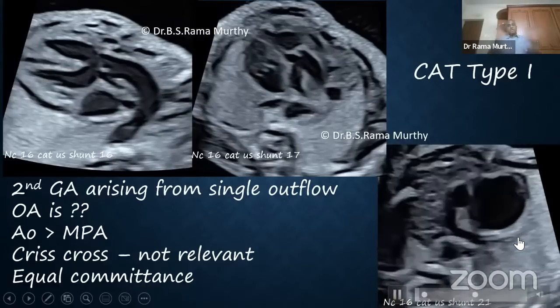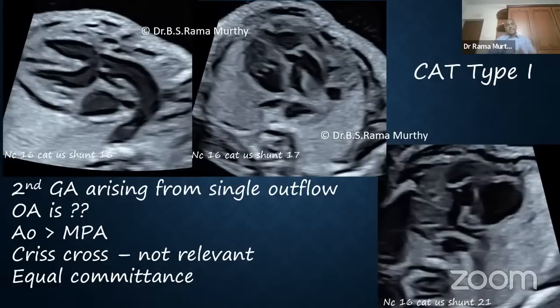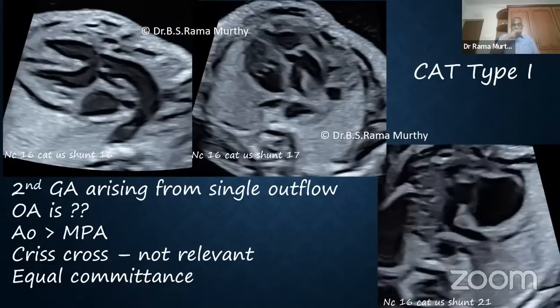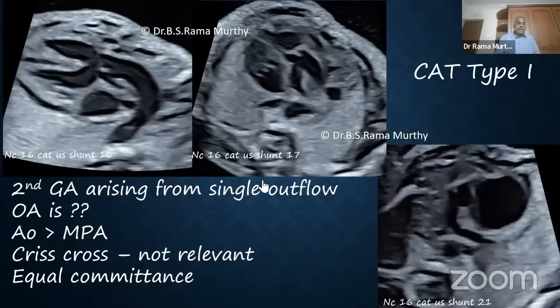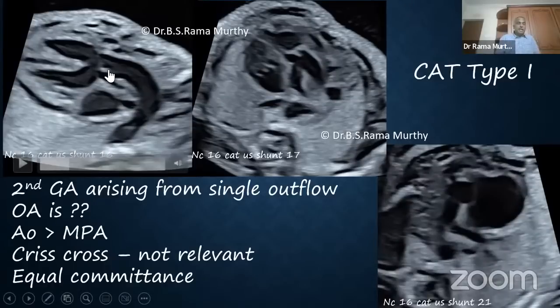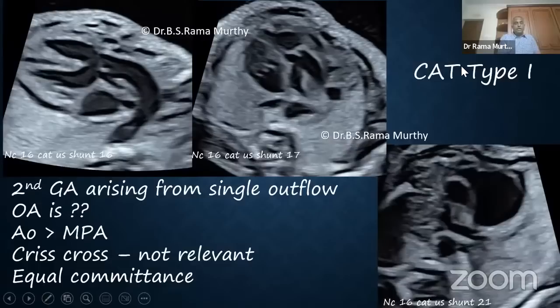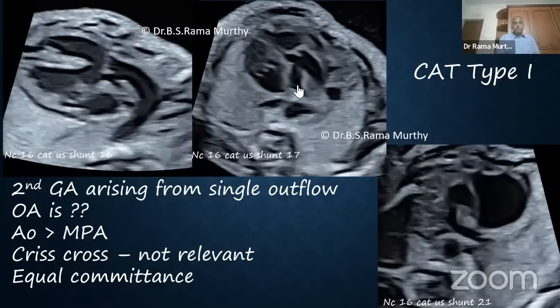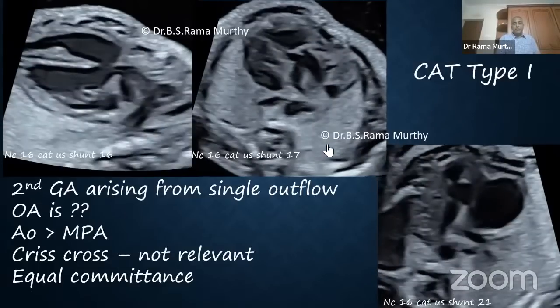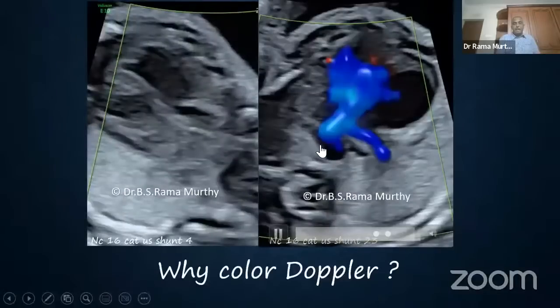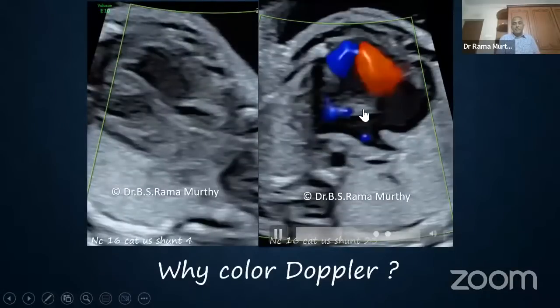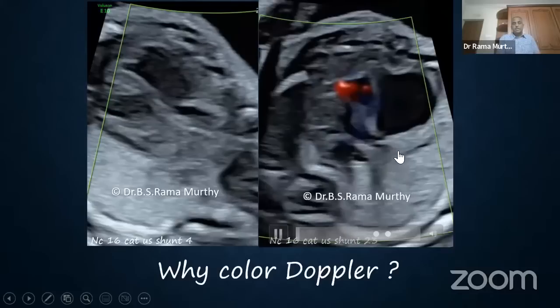So the fact that it is dividing tells me that this indeed is the pulmonary artery, arising from the common arterial trunk. Your diagnosis is CAT type 1. And would you do a Doppler? Yes, you would do a Doppler just to show that the main pulmonary artery is taking blood in the antegrade direction, and it also gives you a chance to show the bifurcation very easily.